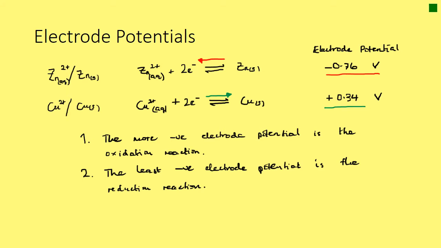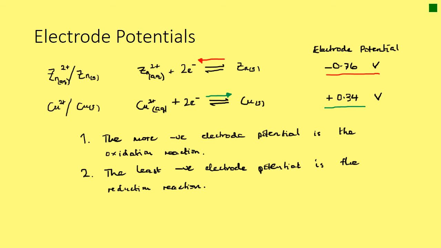So experimentally, these reactions have been measured with a voltmeter, and when zinc has been measured, we get an electrode potential of minus 0.76 volts. And when copper is measured, we get positive 0.34 volts.